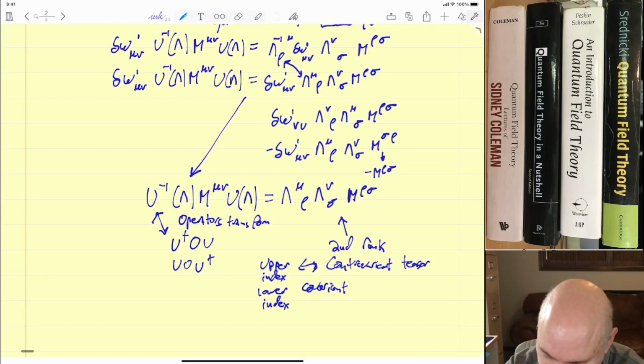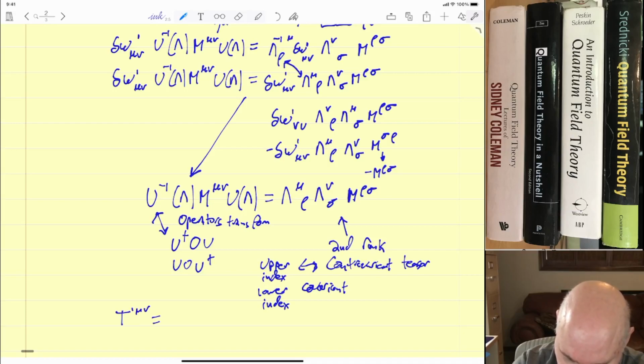The general rule for a contravariant tensor is T prime mu nu is equal to the partial of x prime mu with respect to x alpha, partial of x prime nu with respect to x beta, T alpha beta.